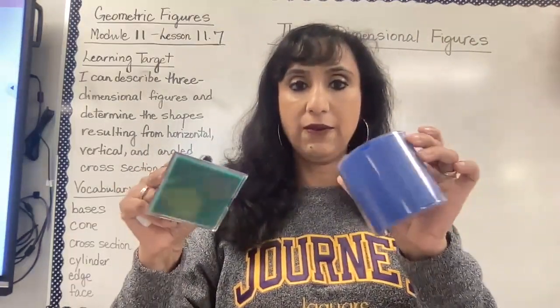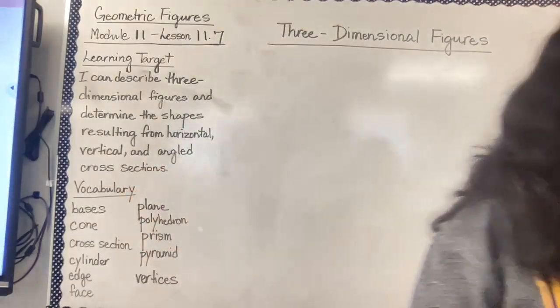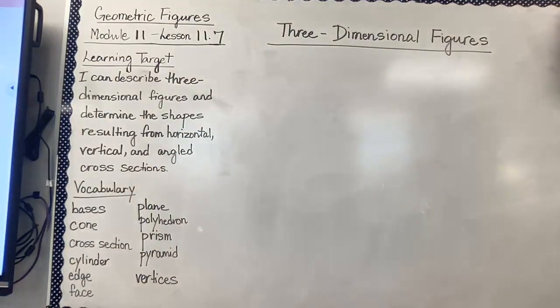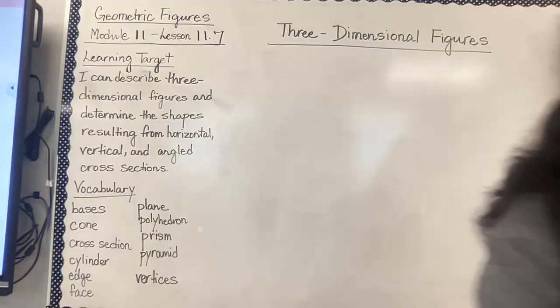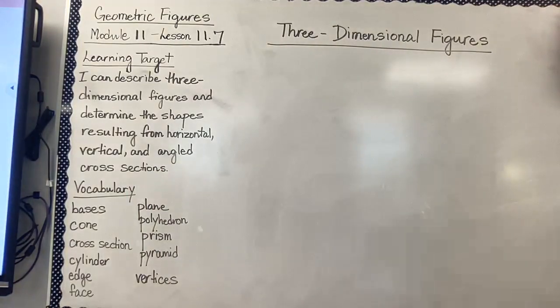So these are all different types of polyhedra. Okay, so let's quickly discuss. See, prisms and pyramids are types of polyhedra. Okay, so prisms and pyramids.